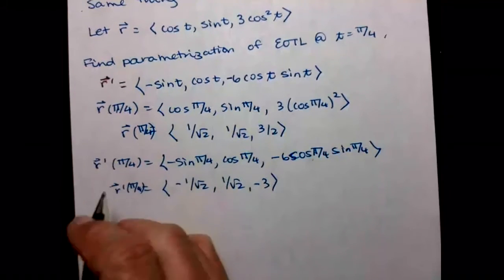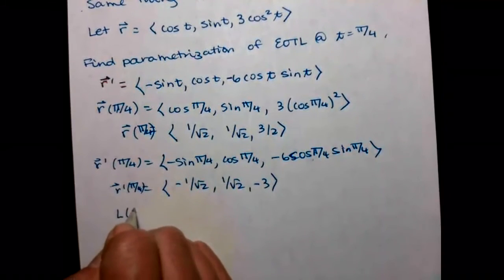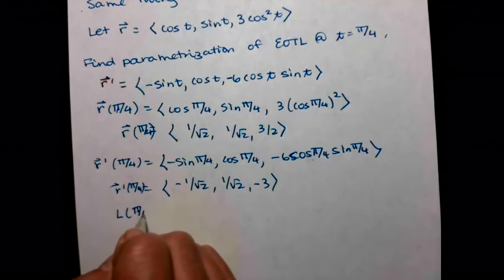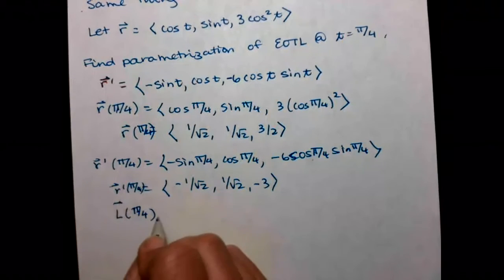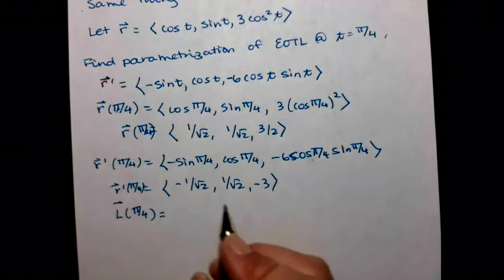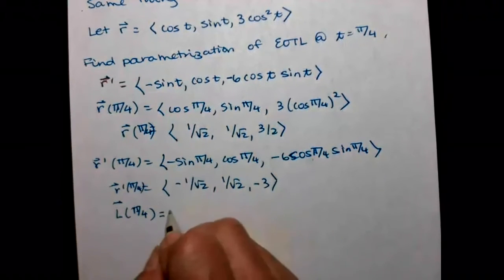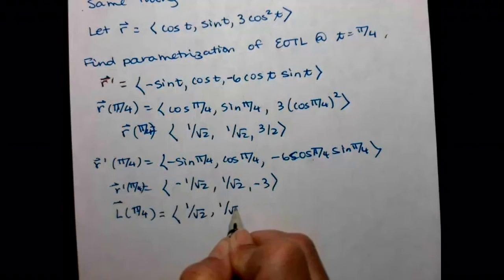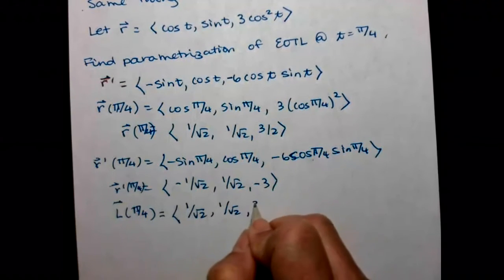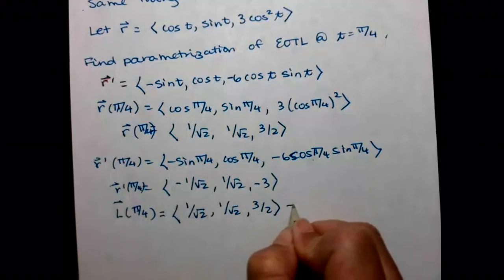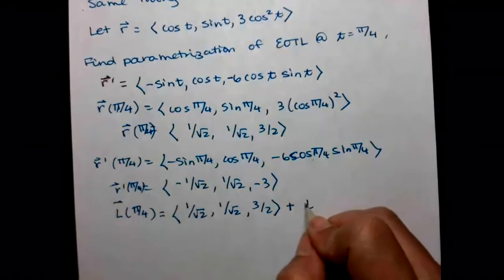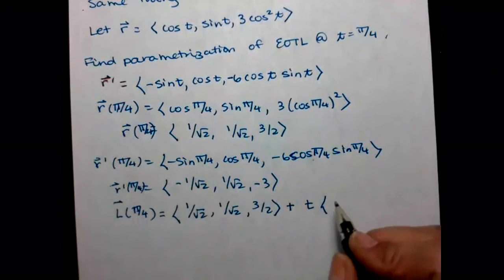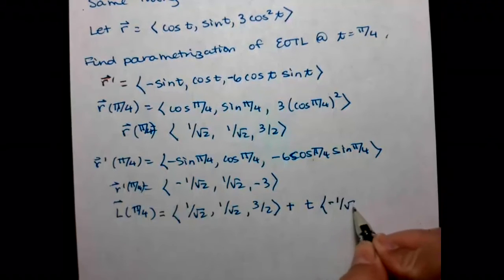Okay, so putting it all together for the equation of our tangent line at pi fourths, right? It would be different if we were at a different time. So we get r, so our particular point that we know is on the curve plus t times the direction vector, t times that slope.